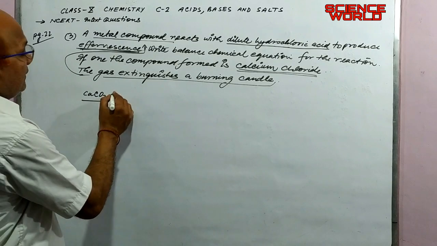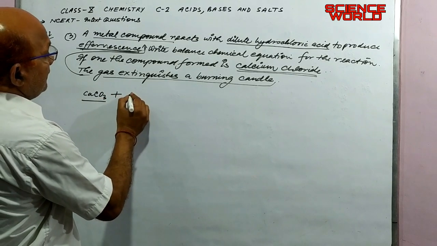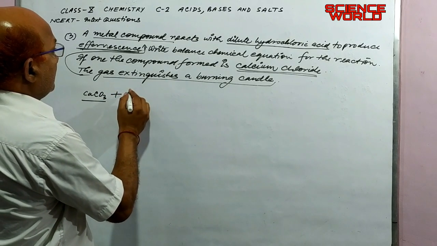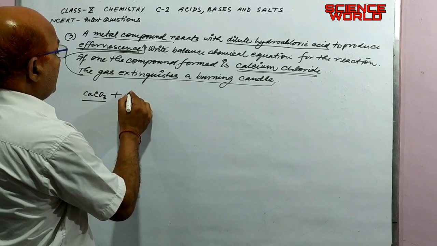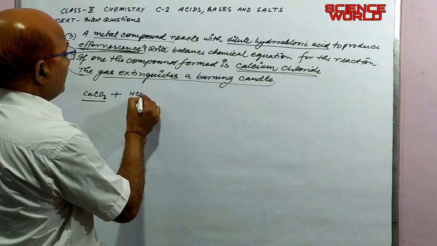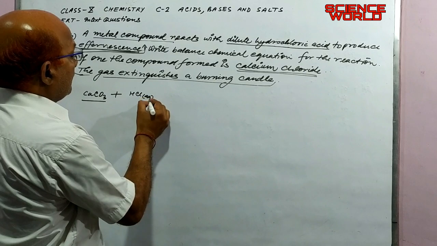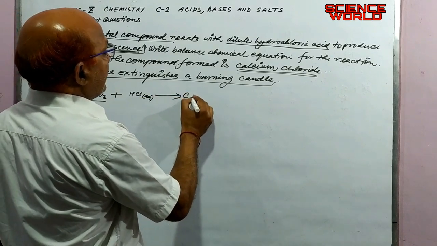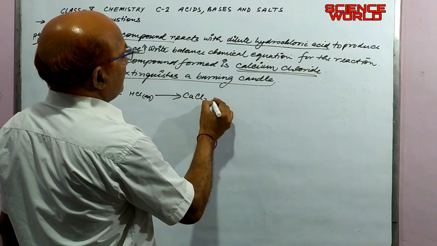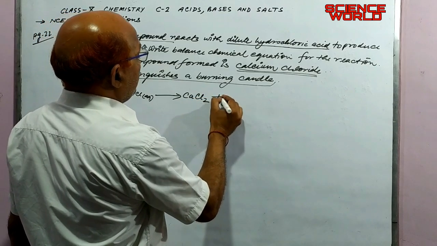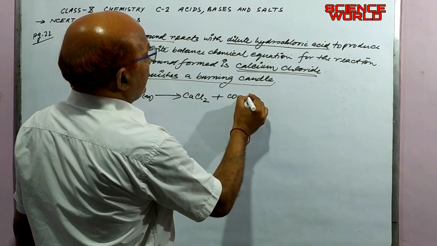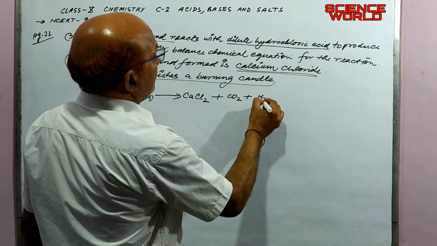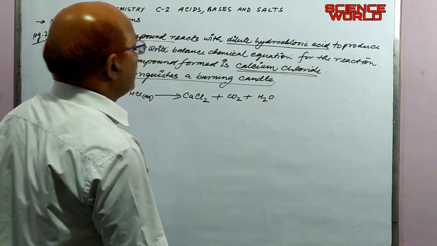And when it reacts with dilute HCl, it forms calcium chloride plus carbon dioxide plus water. This is the reaction.